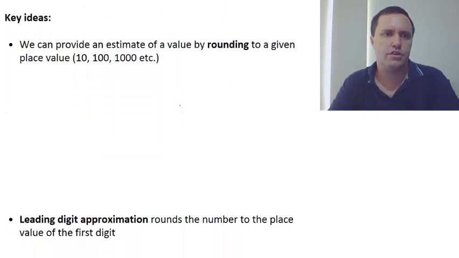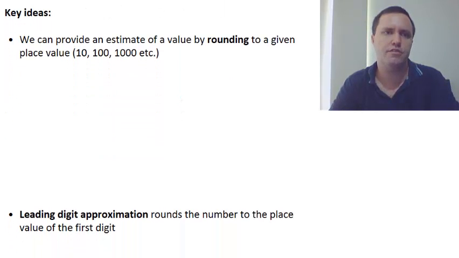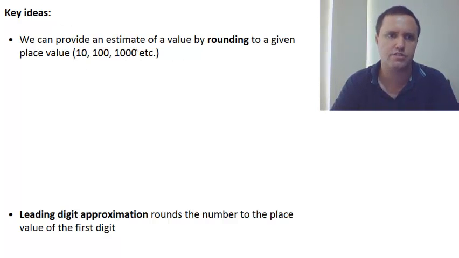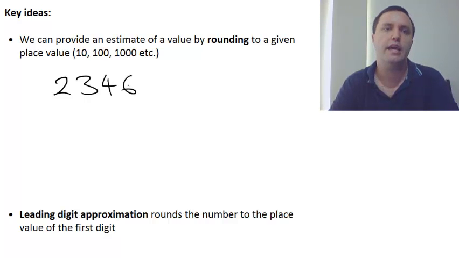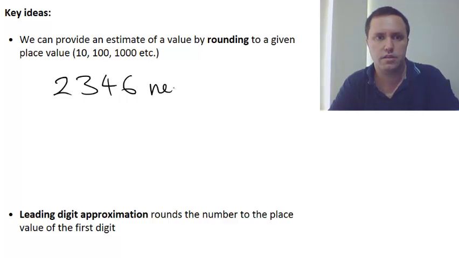All right, so key ideas. We can provide an estimate of a value by rounding to a given place value. Okay, so 10, 100, 1,000, etc. So you might be asked to say, well, here's the number 2,346, and you're asked to round it to the nearest 100.